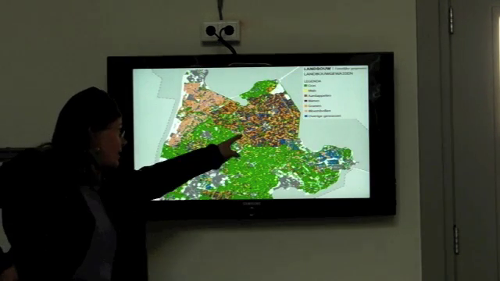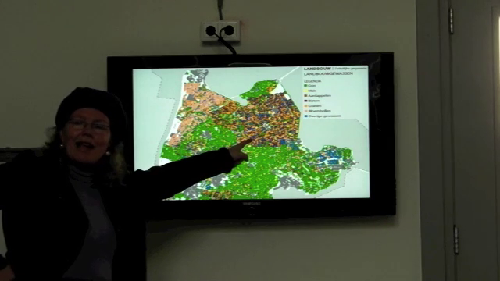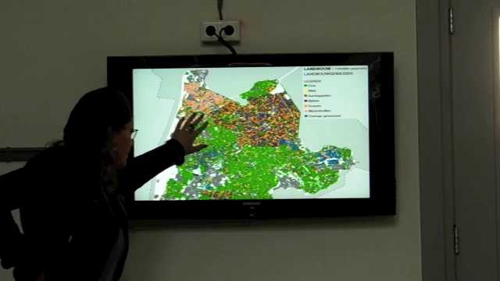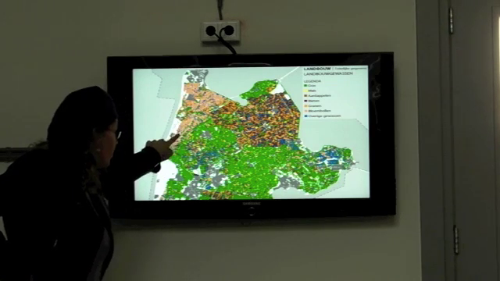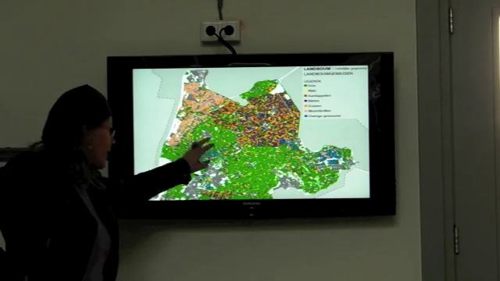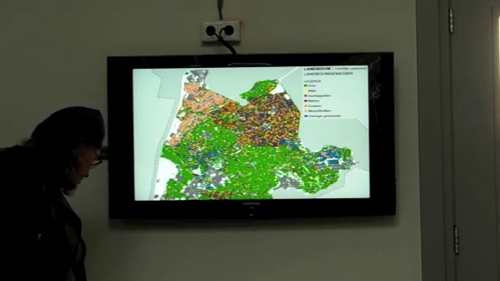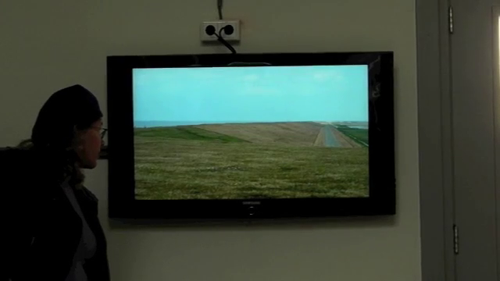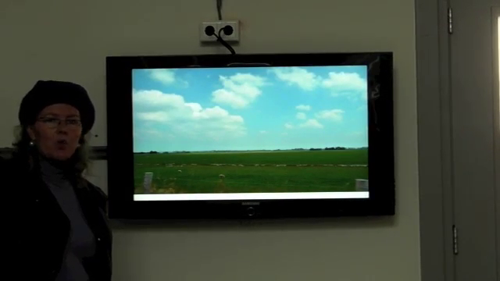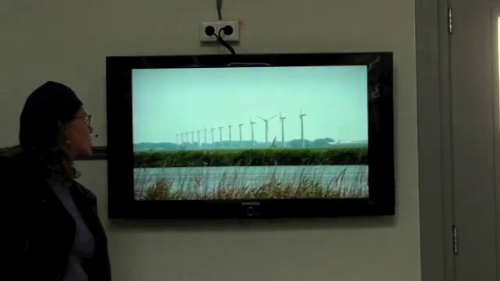Here you see multifunctionality in agriculture, and here the pink ones are the flower production, and here all kinds of production in the area. And here's an image of the areas. It's described as flat, open, and windy, dominated by agriculture.